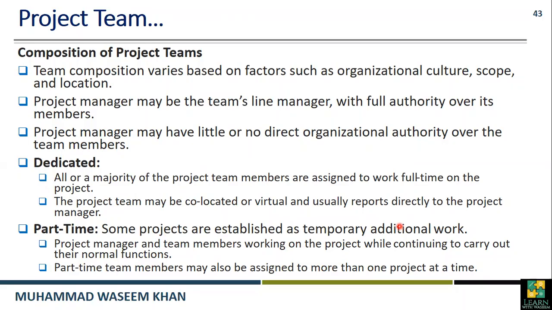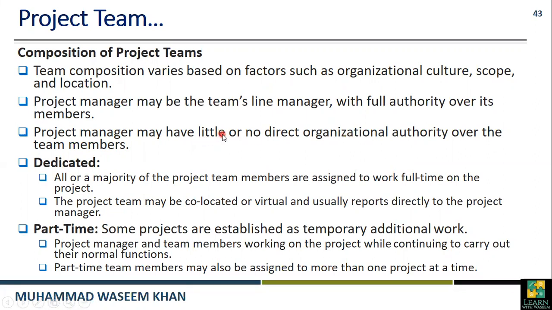So, composition of the project teams. Project team composition varies based on factors such as organizational culture, scope, and location. So on the basis of these, you can build the project team. Project manager may be the team's line manager with full authority over its members, or the project manager may have little or no direct organizational authority over the team members.